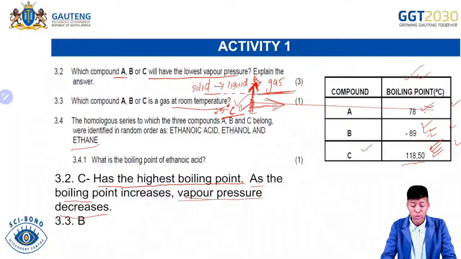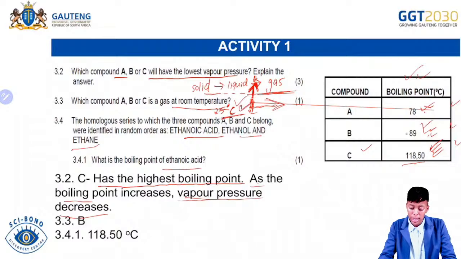Then we said we have dipole forces, under which we have Hague. Then the last column is your hydrogen bonds, and under hydrogen bonds we have your AC, which is alcohols and carboxylic acids. So the question says, what is the boiling point of ethanoic acid?